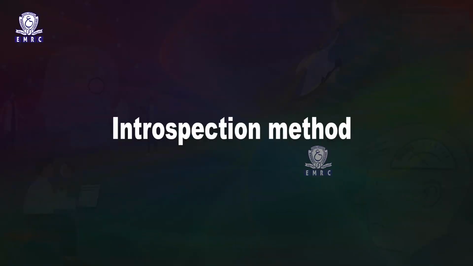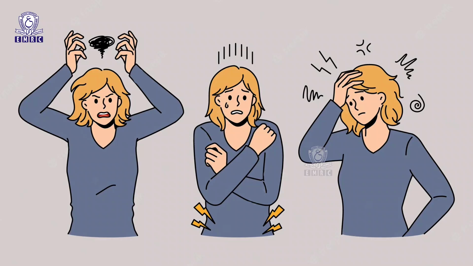First is the introspection method. At times when you experience an emotion like anger or fear, you begin to think of the reasons for that state of mind. You say, why have I been annoyed over this or that, why have I been afraid of such things. The analysis of your emotional state may take place simultaneously with the emotion, or it may be done after the emotional state is over.